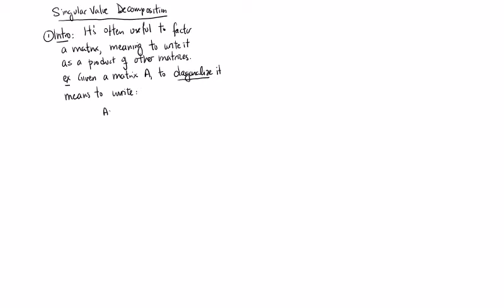Right? So to diagonalize it would mean to write it A equals P D P inverse. And in such a case, this would be with D being diagonal and P being invertible. So in other words, D is the diagonal matrix and P is an invertible matrix.